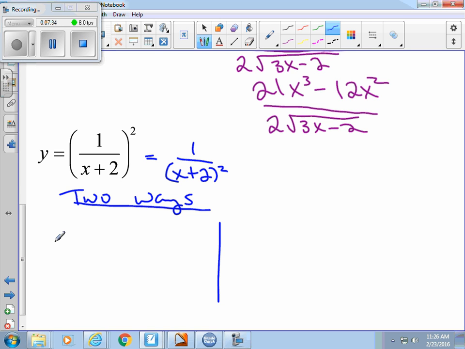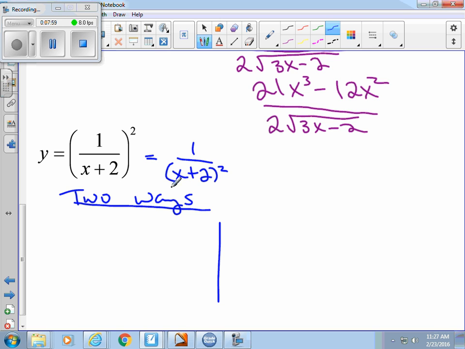Okay, so we're going to do this derivative. But this is easier than one option. One option is leaving it alone, right? And doing the product. It would be a chain rule, and what's inside of that chain rule? Quotient rule. So it's chain rule with a quotient rule inside, which would be pretty nasty, right?